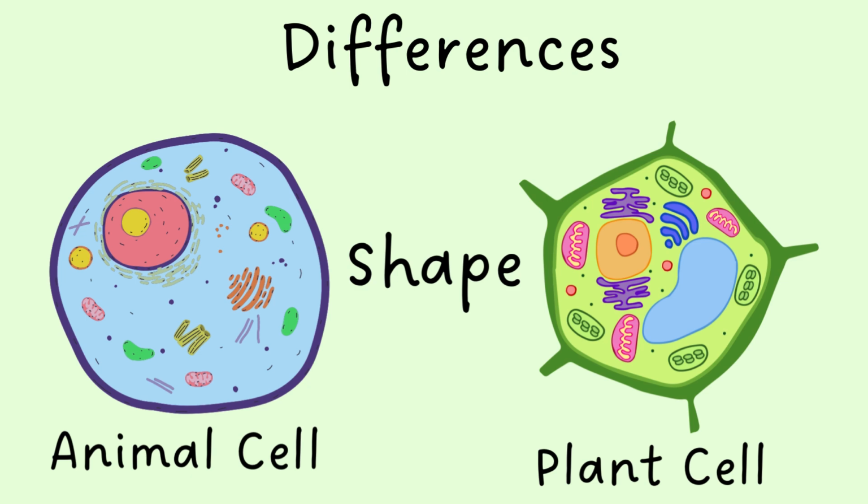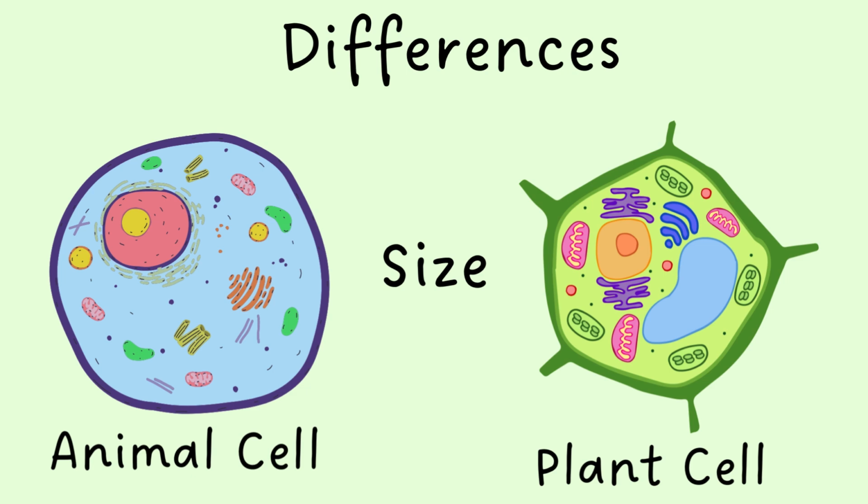Plant cells are typically rectangular or have a cube-like shape, while animal cells can be rounder or kind of irregular. When we move from shape to size of cells, animal cells are generally smaller. So we have cells around 10 to 30 micrometers, while plant cells are generally larger. The sizes usually range from 10 to 100 micrometers.